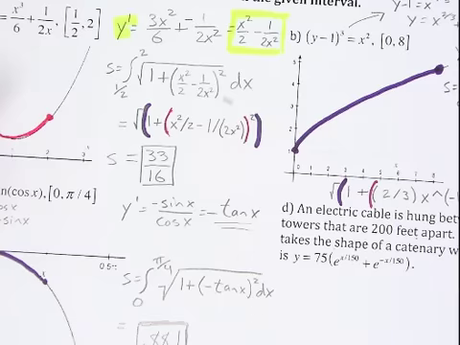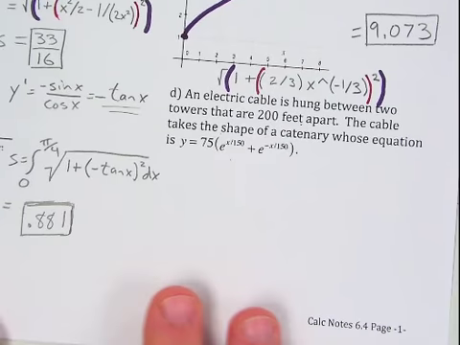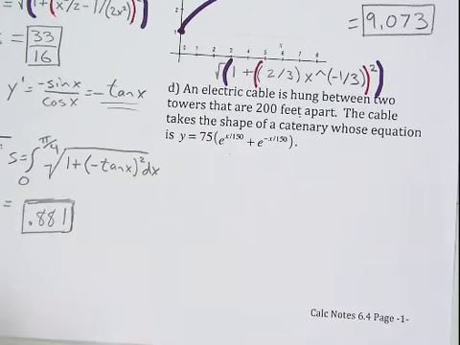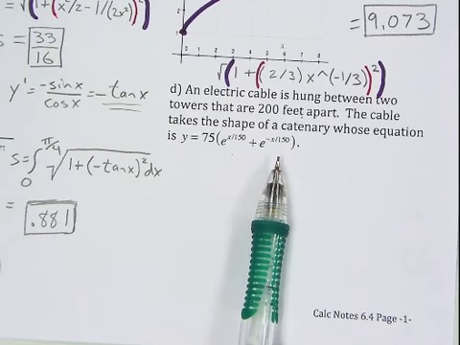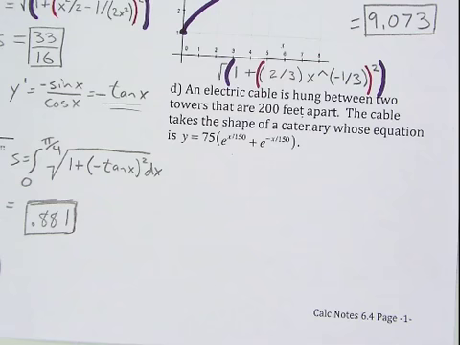We'll do it. So an electric cable is hung between two towers that are 200 feet apart. The cable takes the shape of a catenary whose equation is, oh, you can see it right there. This looks like something that we did last chapter, right? Finding the derivatives of exponential functions. And we actually had problems that looked very much like this. And here is kind of an application of why that is.